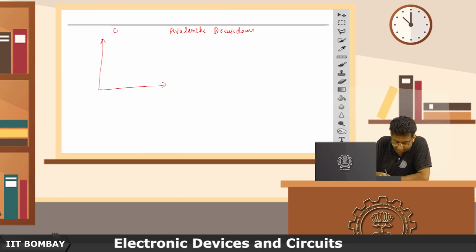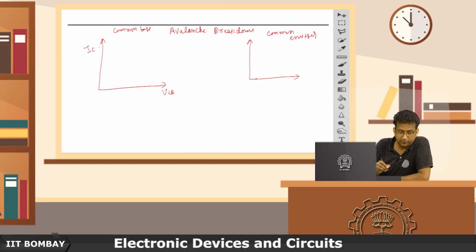So first for the common base configuration, and then we'll talk about common emitter configuration. Okay, so in common base configuration, we have VCB and IC. These curves are something like this.